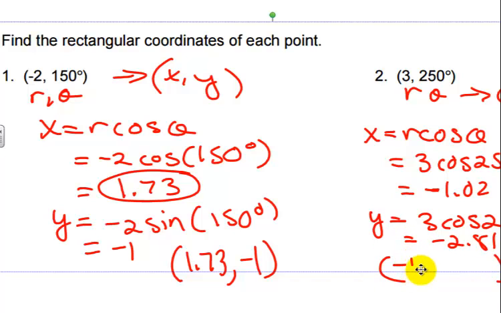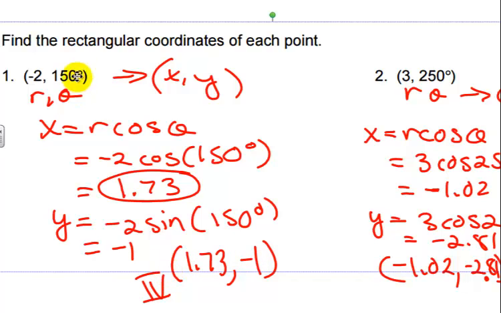So our coordinate is -1.02, -2.81. Now, just so you know, that's a -x and a -y, so that should be in quadrant 3. And this is a positive x and a -y, so this would land in quadrant 4.